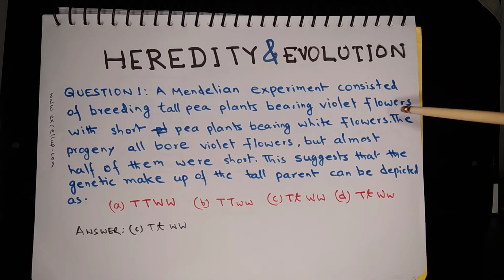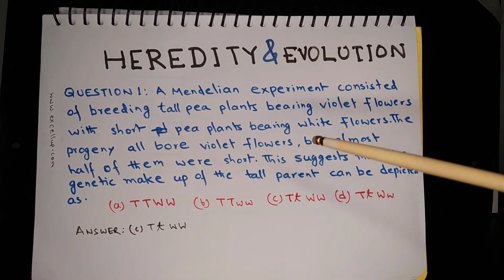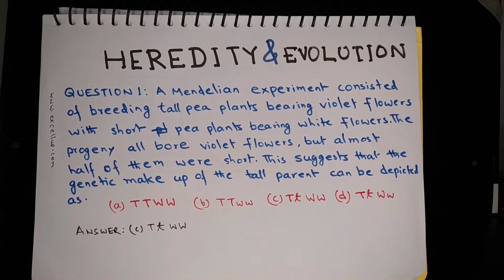consisted of breeding tall plants bearing violet flowers with short pea plants bearing white flowers. The progeny all bore violet flowers, but almost half of them were short. This suggests that the genetic makeup of the tall parent can be depicted as, there are four options.